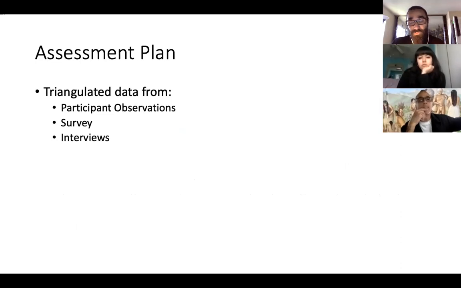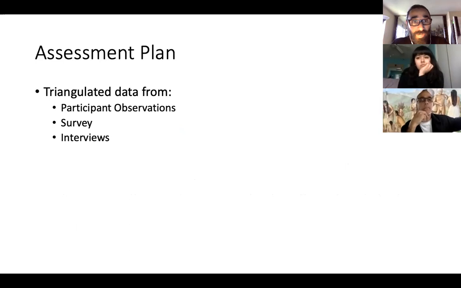The assessment: once I told them about the project, I wanted to come up with a way to triangulate the data, meaning I wanted to make sure that just because one student did well on the project, I could see if there were other ways to collect data to make sure that everyone was truly engaged.